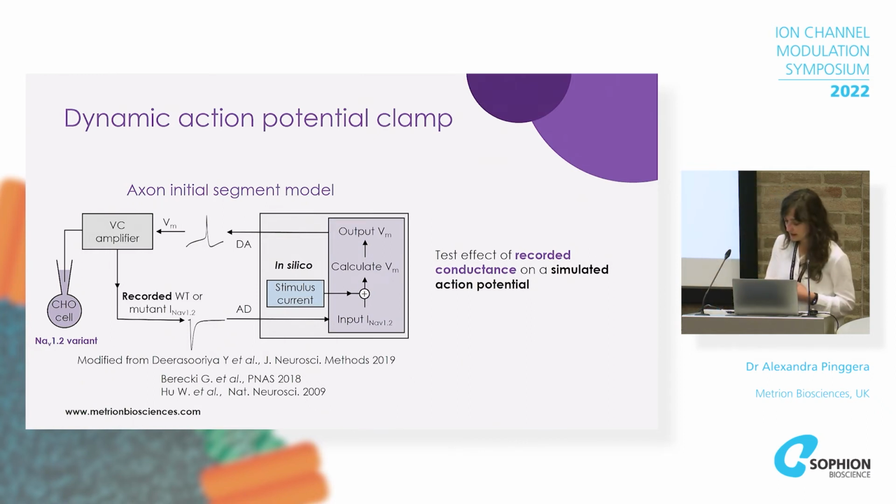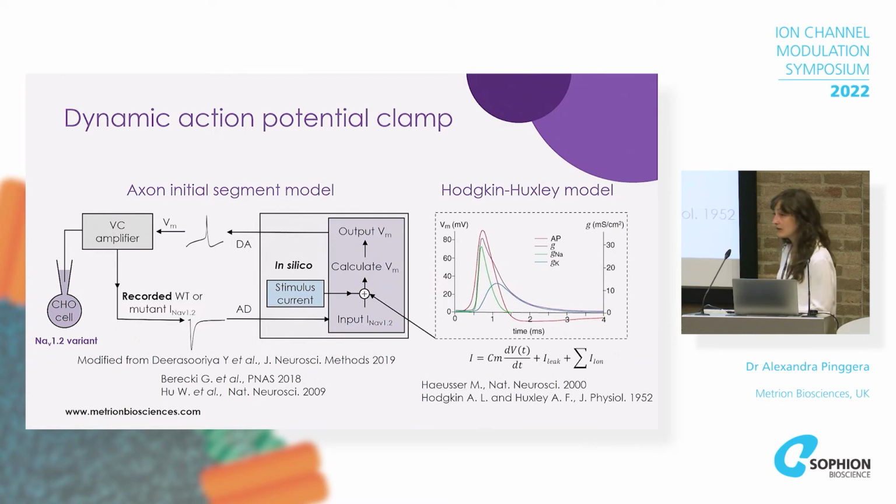The model itself, in simple terms, is based on the Hodgkin and Huxley model, which says you can describe the action potential by the presence of potassium channels, sodium channels, and some leak currents. That's basically what the model does. What we do is replace the sodium channel conductances in the model by our actual recorded channels.